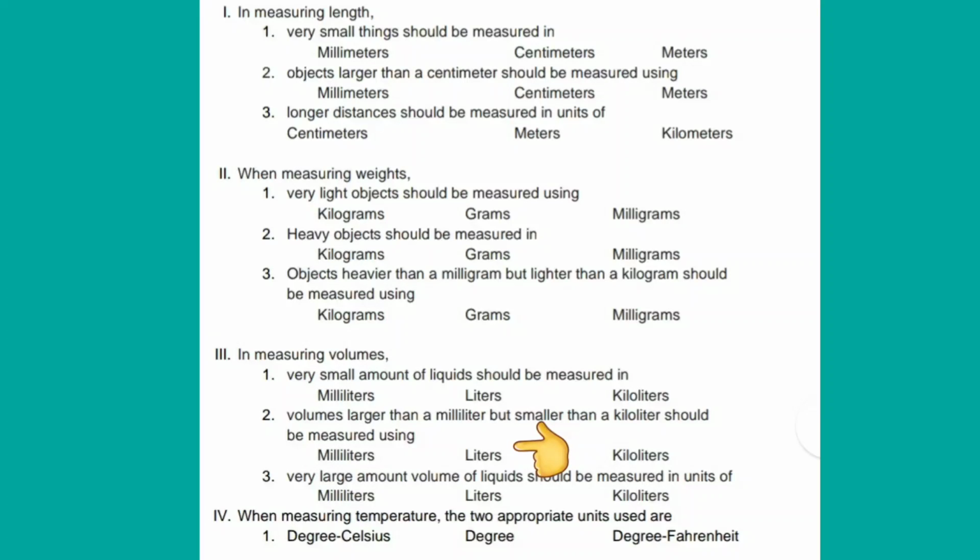What's your answer? Liters. Wow, very good. Number 3, very large volume of liquids should be measured in units of. What's your answer? The answer is kiloliters. Wow, very good.